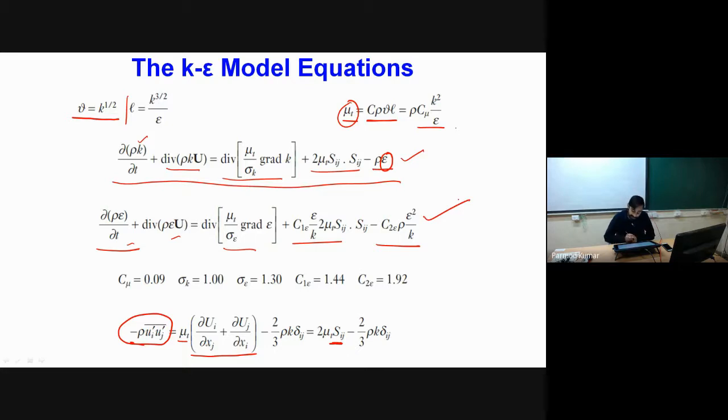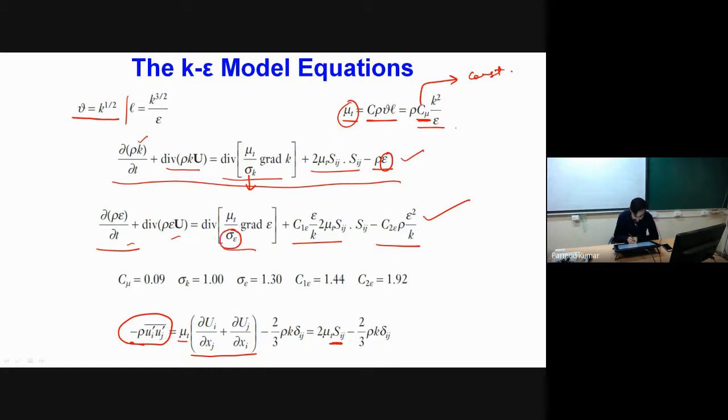Now if you see these equations along with the equation of eddy viscosity, these are involving some coefficients, some constant terms. So C mu is one constant. Then similarly, this sigma k, which is referred to as turbulent Prandtl number for turbulent kinetic energy.